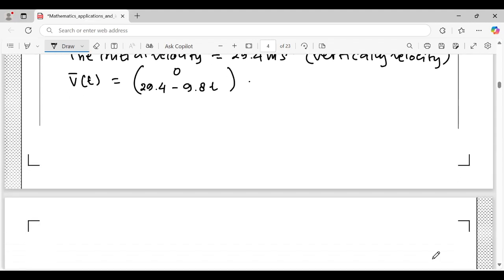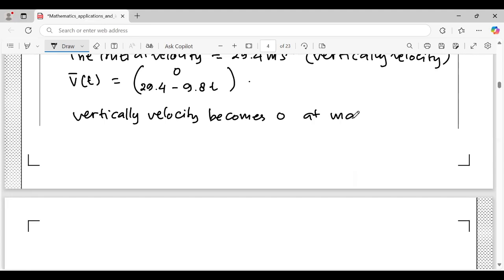Okay, next. At maximum height, the vertical velocity will become 0. So we set the vertical component of the velocity to 0.